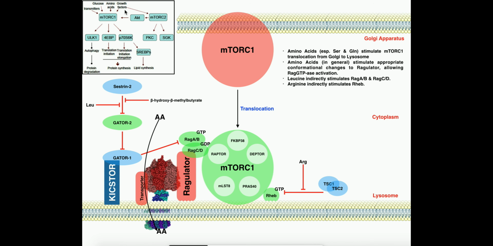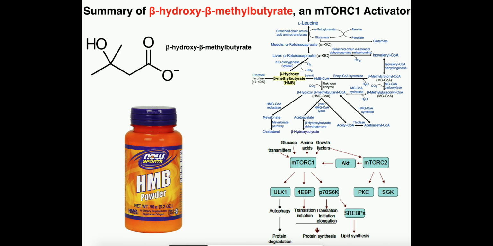And I want to mention one more thing in closing, and this goes back to something we talked about in the previous video, which was beta-hydroxy beta-methylbutyrate, also known as HMB. This is an ergogenic supplement that you can find in drugstores. Its purpose is really to induce muscle protein synthesis. We talked about this briefly in the previous video.